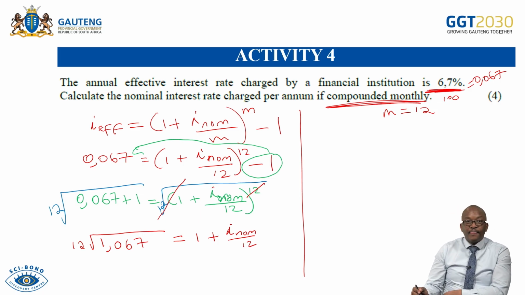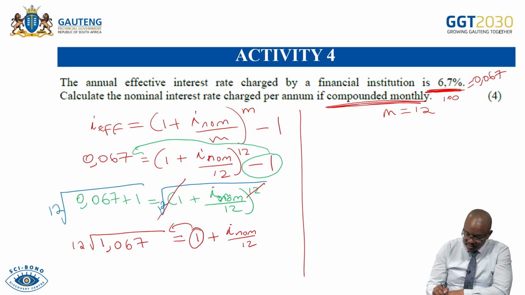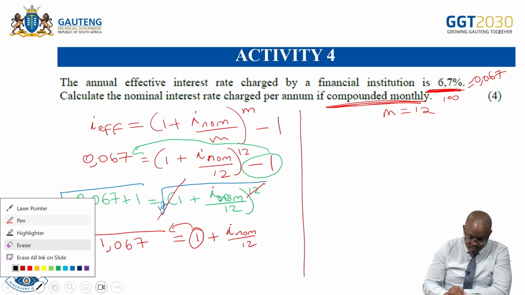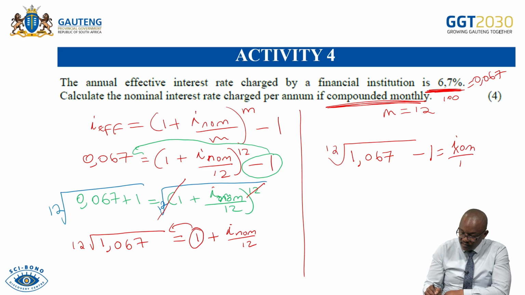Correct? Then remember, we still have to transpose this one to the left-hand side. So as we transpose, we are going to have the 12th root of 1,067, correct, minus 1, equal to I norm divided by 12.